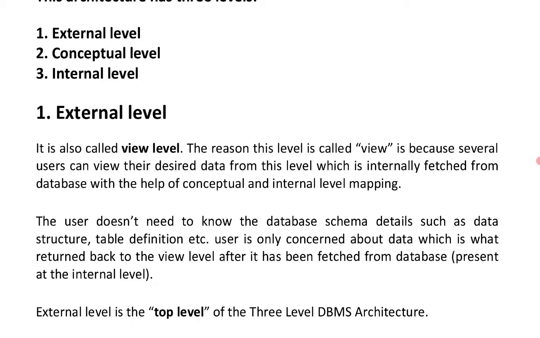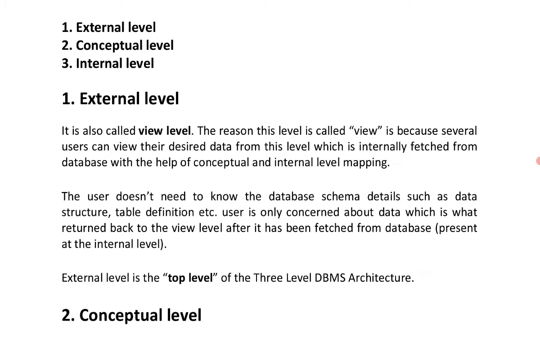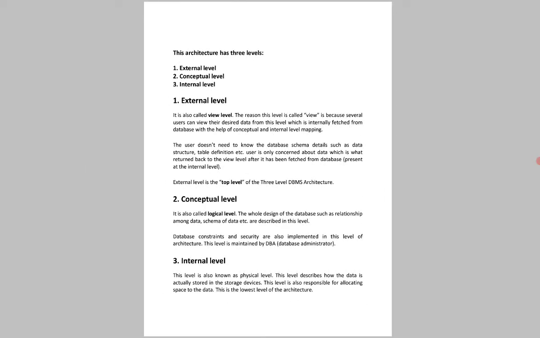It is called an external view because several users can view their desired data from their level, which is internally fetched from the database with the help of conceptual and internal level mapping. The user doesn't need to know the database schema details such as data structures and table definitions. The user is only concerned about the data, which is written back to the view. So in the external view, we may use application programs and end users.